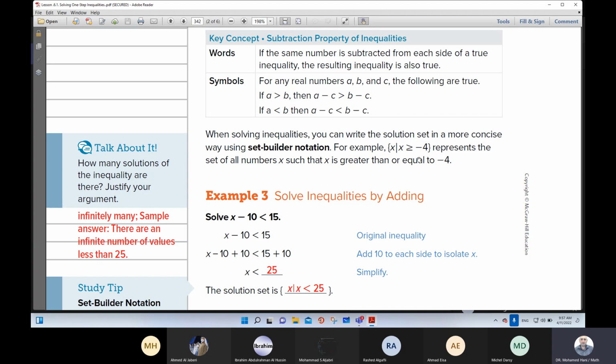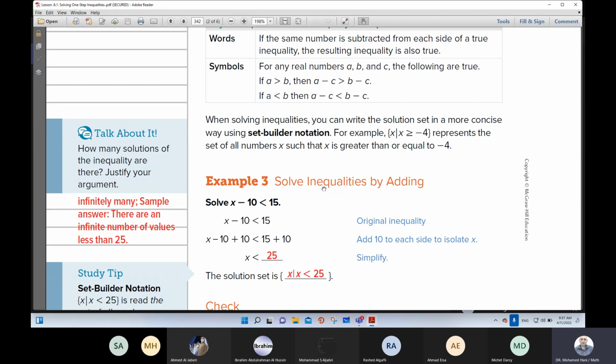So we represent the set of all numbers x such that x is greater than or equal to negative 4. We can read this sign as "such that." The name of these brackets is set builder notation.